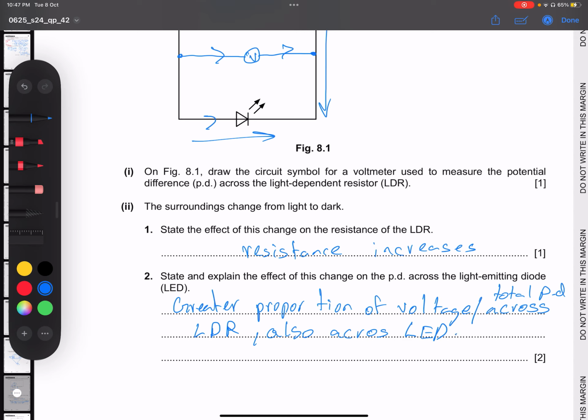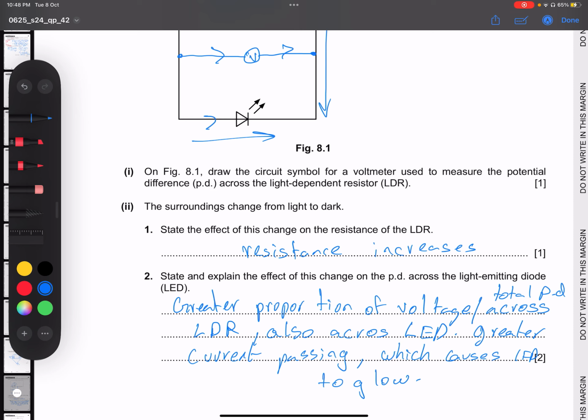This means there is a greater current now passing through the LED. Since the voltage is increased, the current also increases, which causes the LED to glow. And this is how it looks.